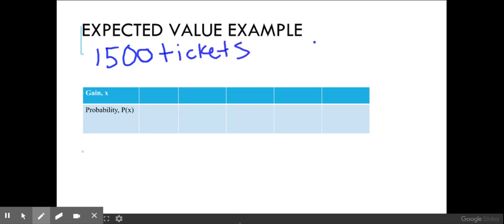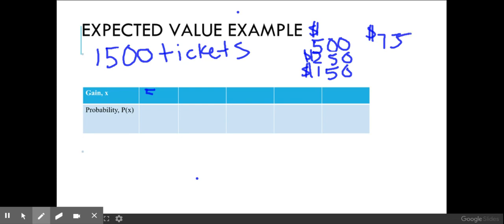And from those tickets, we have a prize of $500, $250, $150, and $75. So these are our prize totals.